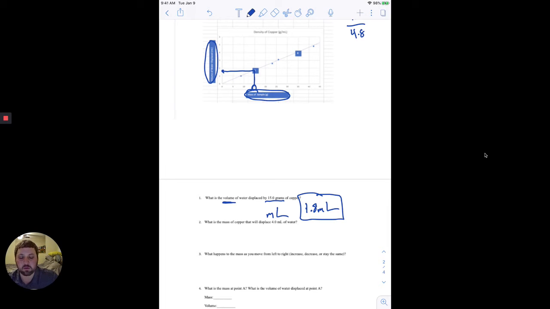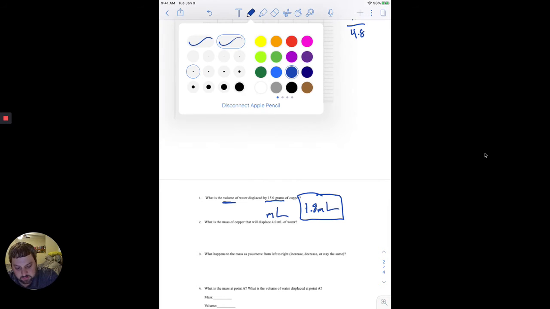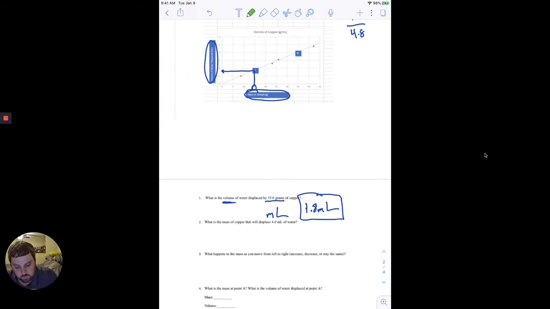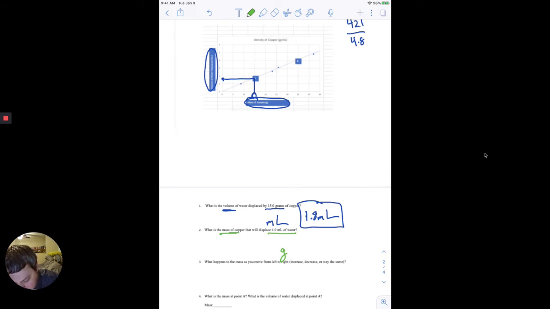Let's do the same thing, but in an opposite direction. So here, what we're looking at is a volume of water and trying to determine the mass. So we know that we're measuring grams, and we're starting with milliliters. So let's come up to here at the 4, and let's follow this all the way over.